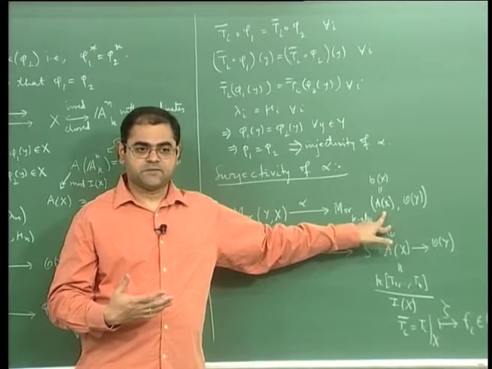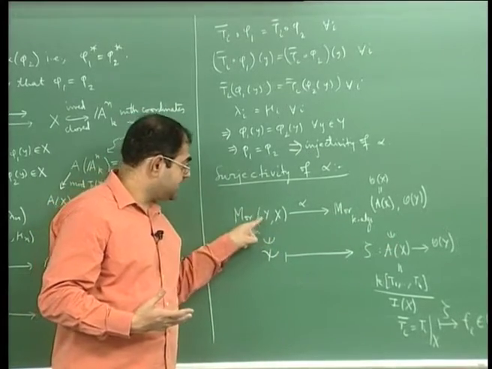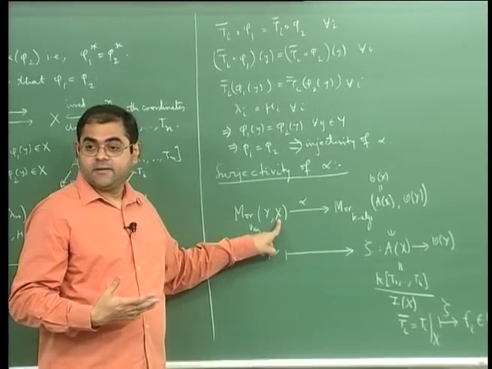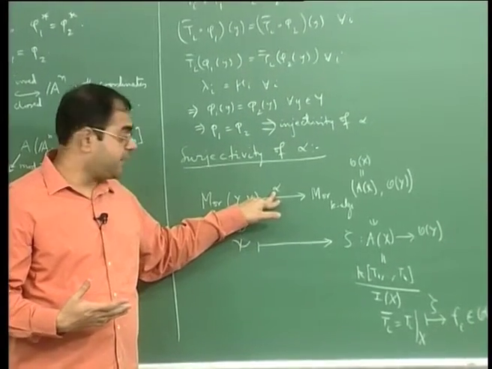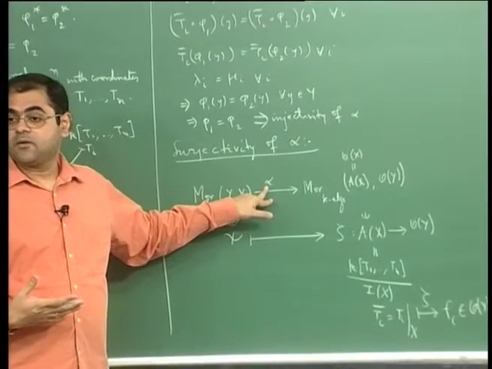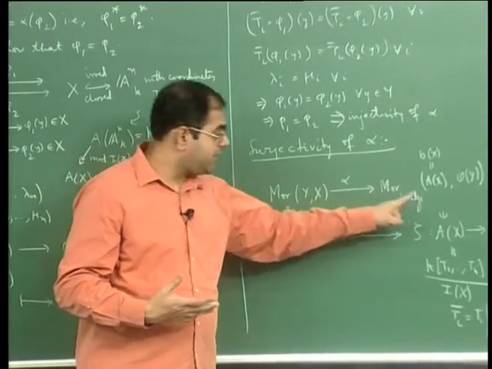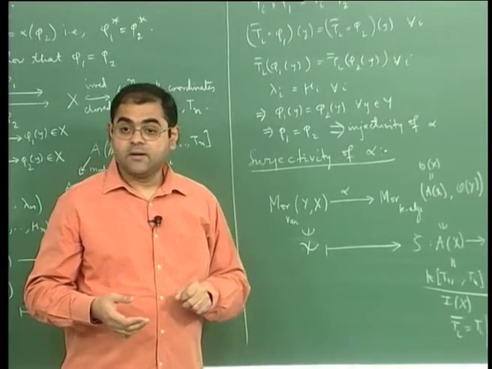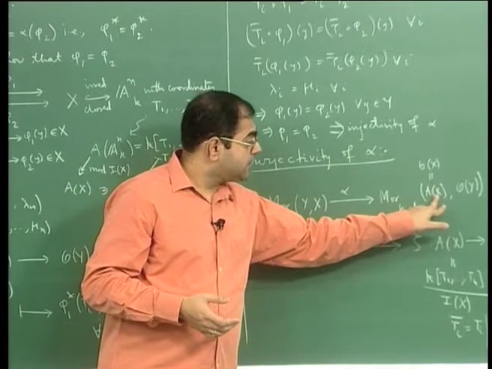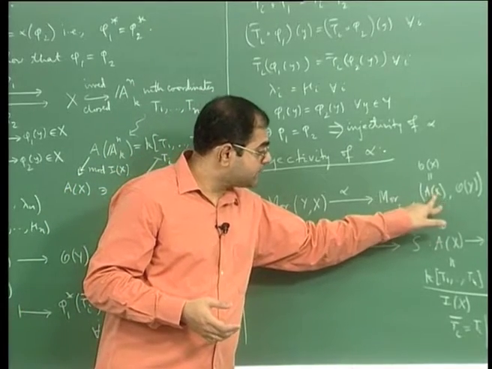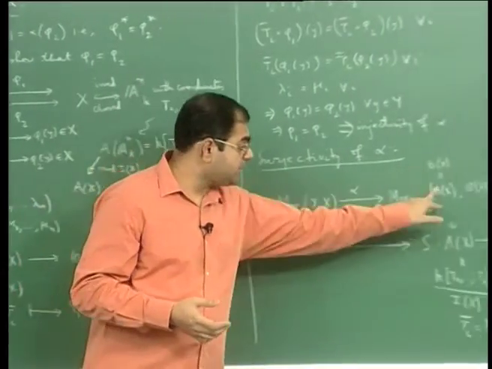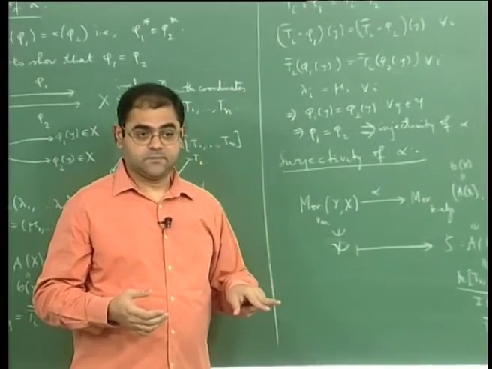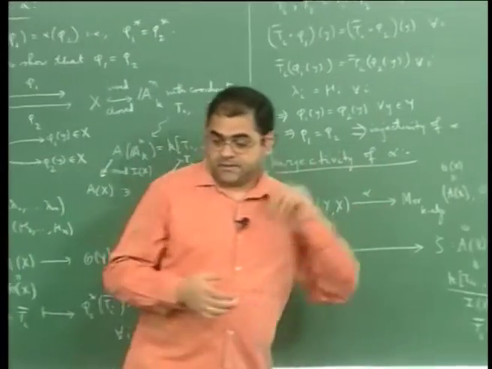Okay, so let me repeat that: morphisms into an affine correspond via the pullback of regular functions to k-algebra homomorphisms of polynomials or regular functions on the affine. Okay, fine.